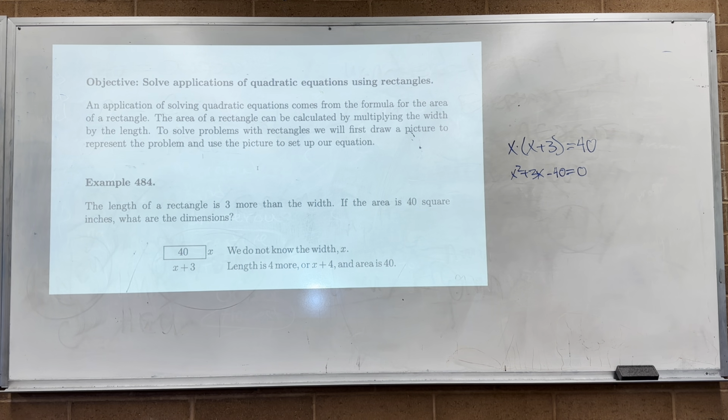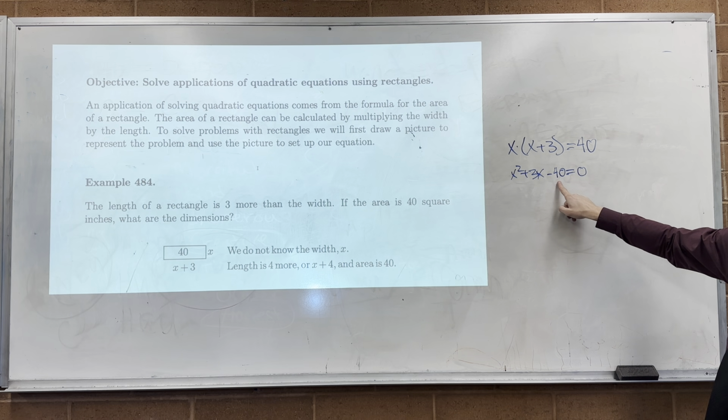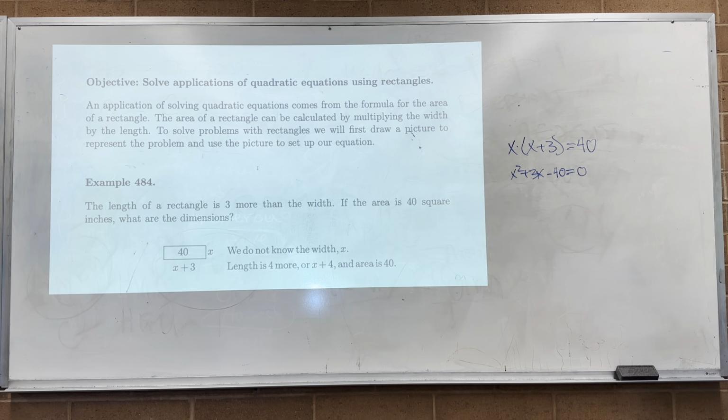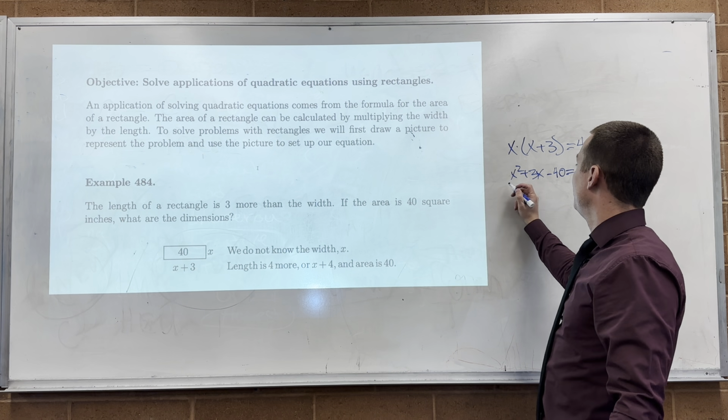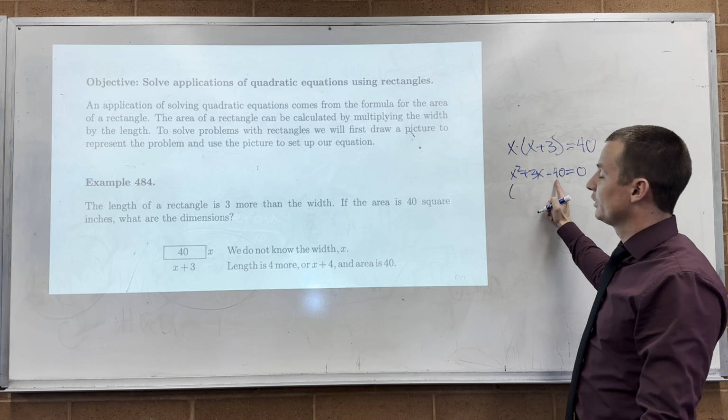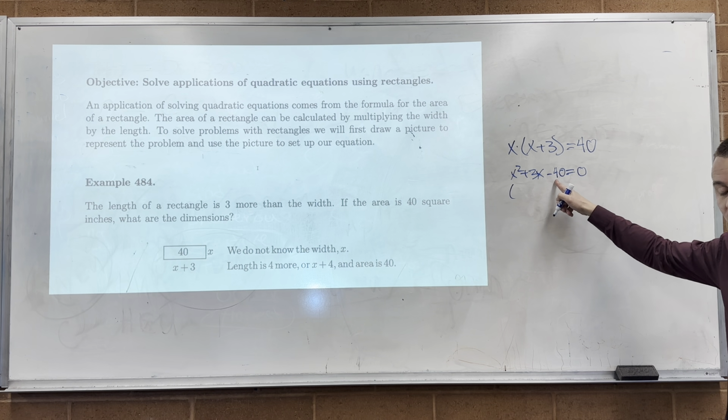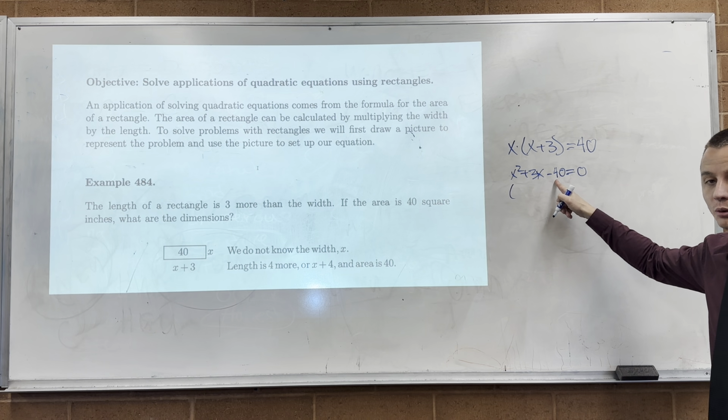Looking for two numbers, multiplied together gives us minus 40, added together gives us 3. What does 40 factor into? 20 and 2, okay, that's not going to work.